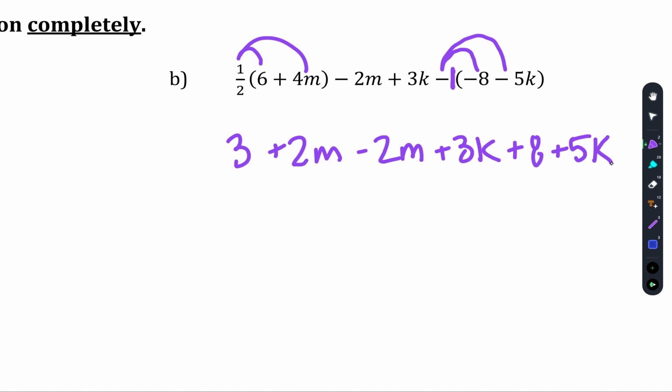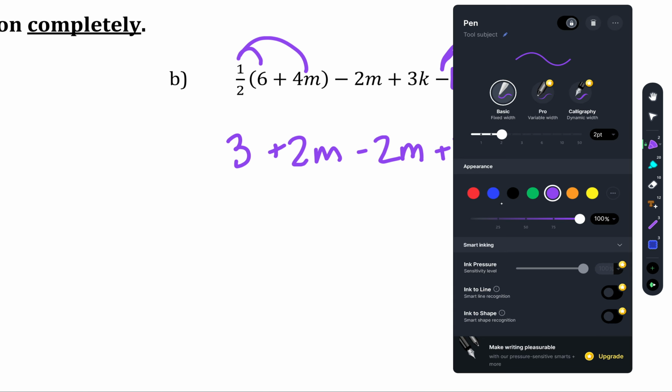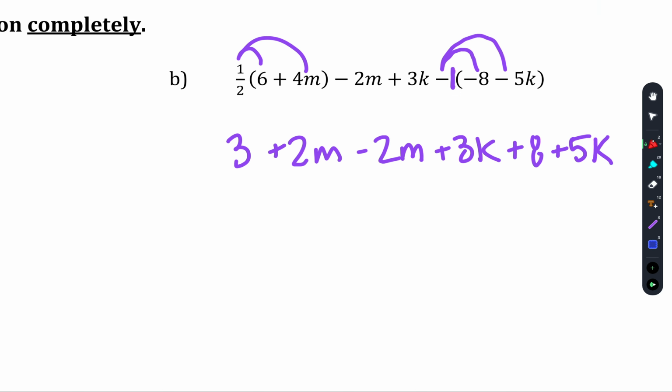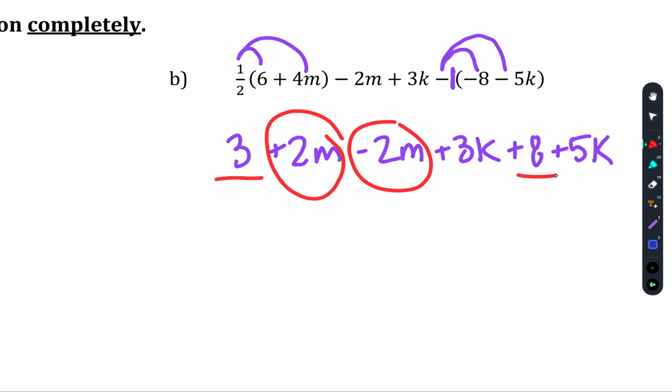Okay, what can we simplify here? Where are my like terms? Jaden. The like terms are 2m and -2m, and then 3 and 8, and then 3k and 5k. Let's do triangles, why not? Okay, so let's take it step by step here. 2m and -2m, what does that become? 0.